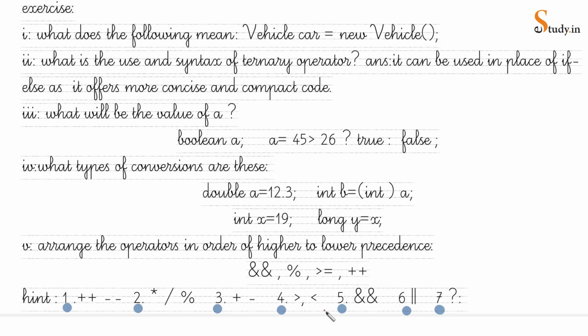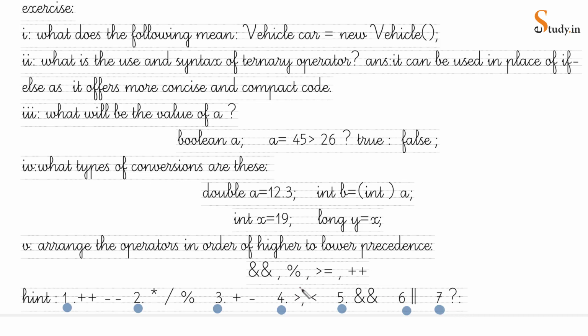Then fourth, we have the relational operators, greater than, less than, greater than equal to, less than equal to, all at the same level, but after addition and subtraction. After this comes logical and, then logical or, and the lowest precedence is of the ternary operator.